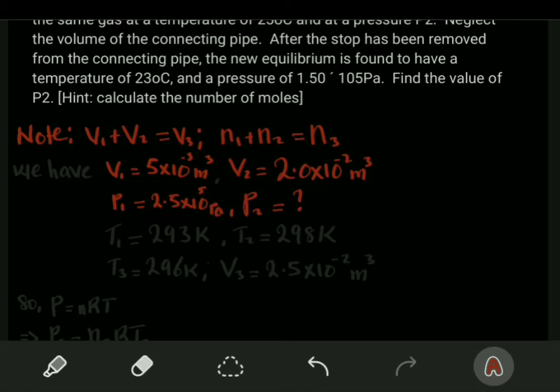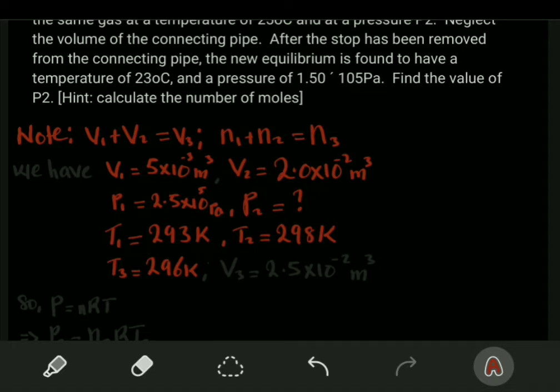So in this case we want to find the pressure for the second gas. The temperature initially for the first gas in the small container is given as 293, converted from degrees Celsius to Kelvin. The same goes for the temperature of gas 2, which we convert to Kelvin. When they attain equilibrium, the temperature is T3, so we convert that as well. We are going to have 296.